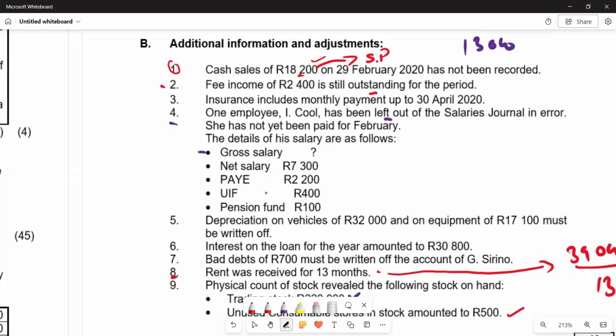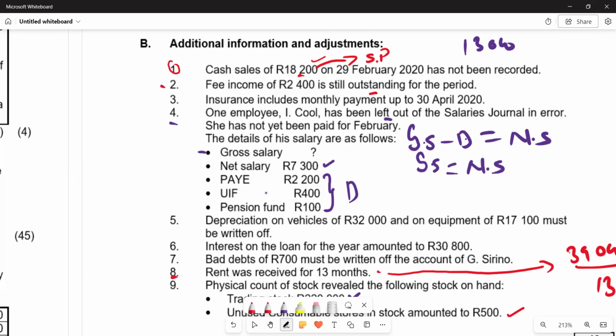So remember, when we say our gross salary minus our deductions, you get your net salary. So in this case, we are not given the gross salary, but we are given deductions and our net salary. Net salary is here, and the rest are deductions. So to get your gross salary, this is the figure that we need, which is a question mark there. We say net salary, take negative deductions, that aside, it becomes a positive plus deductions.